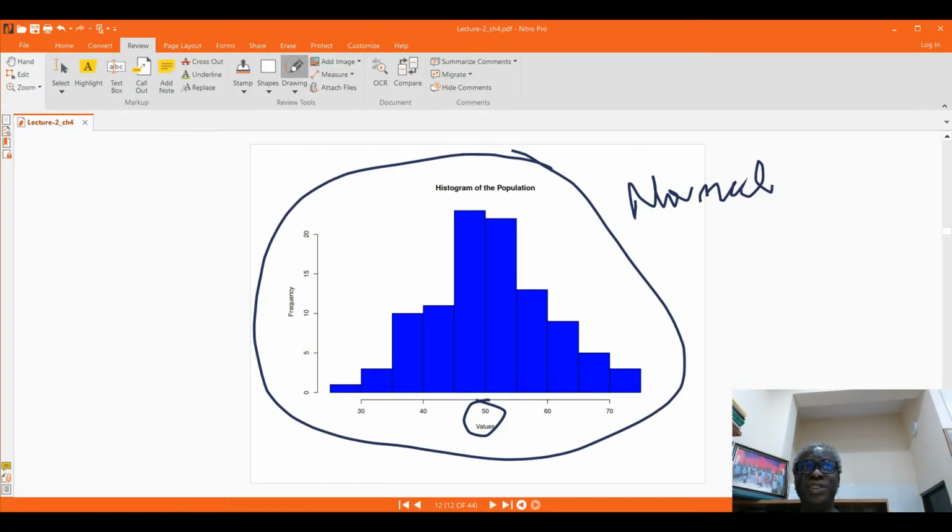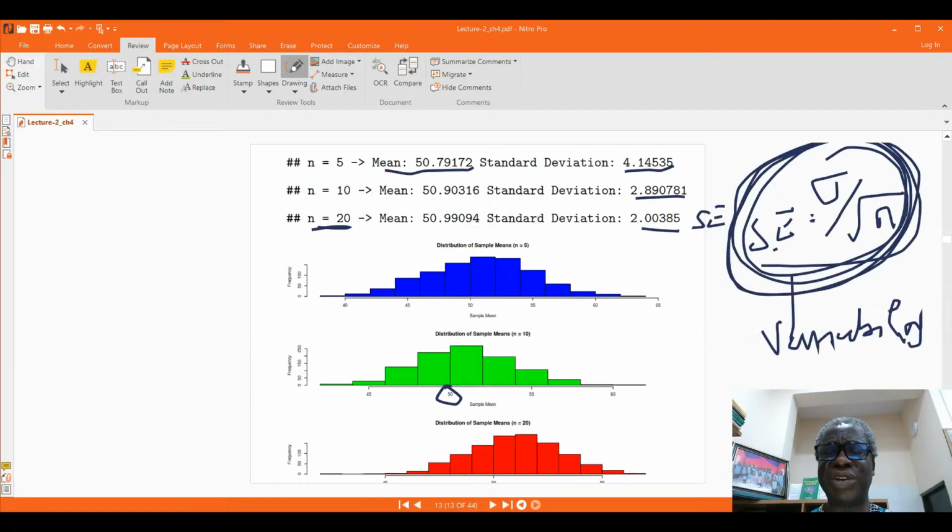The shape of the original data, that is the population itself, is drawn from a normal population. It has a normal shape. Can you also look at the shape of all the possible samples? If you look at the shape of all possible samples, they are also normal.